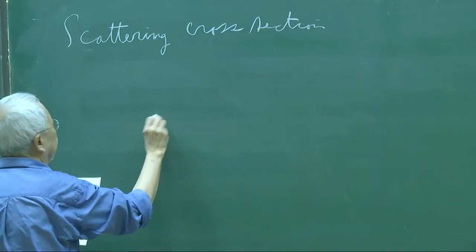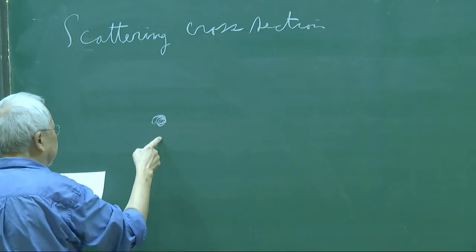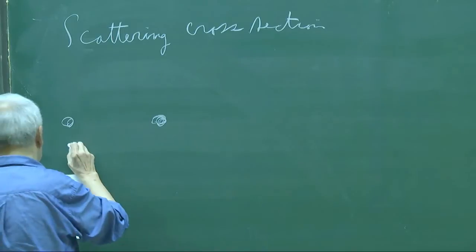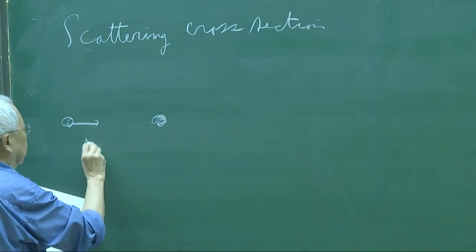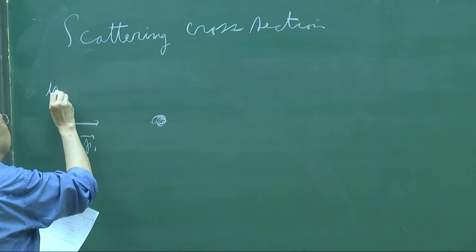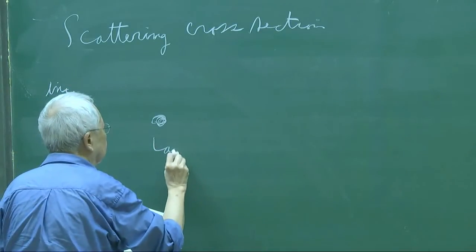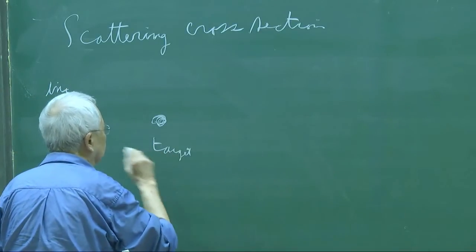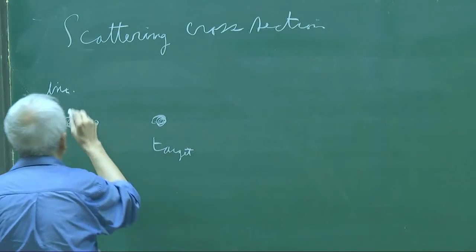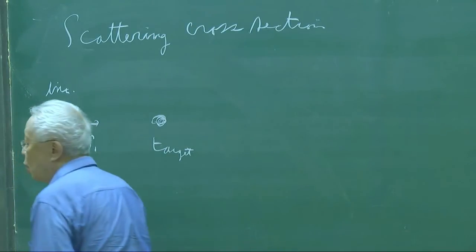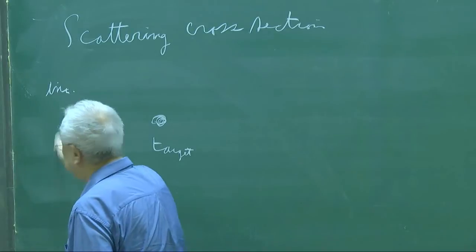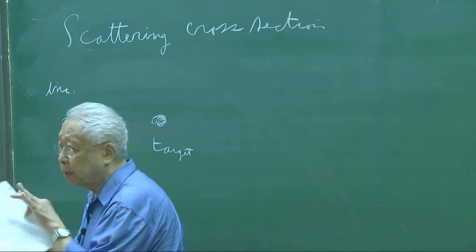You have a target here, a target atom. It's an incident atom. It comes in with P1. This is the incident atom. This is a target. Actually, we have to think of it as a quantum mechanical process. This is what's coming as a plane wave. It's a stream of particles coming in as a plane wave.